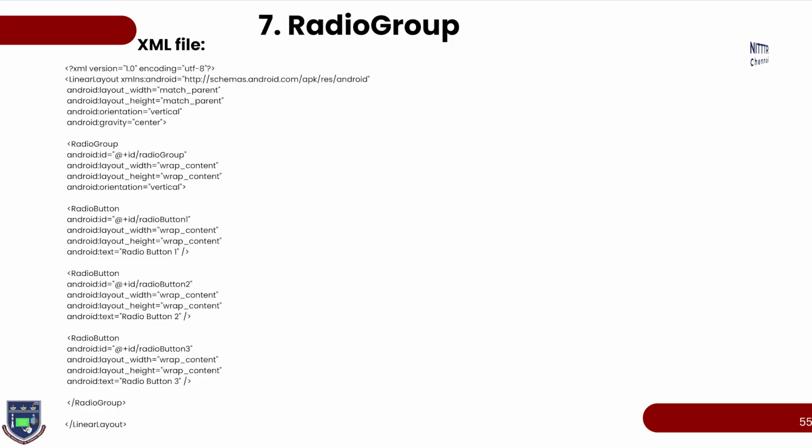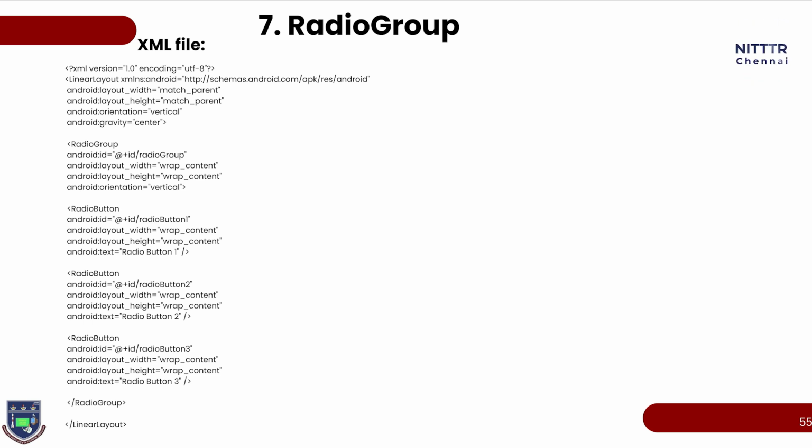A radio group ensures that only one radio button can be selected at a time. Let's break down the syntax. The radio button declaration is a different one, and the radio group is a special container for radio buttons that enforces a single selection.